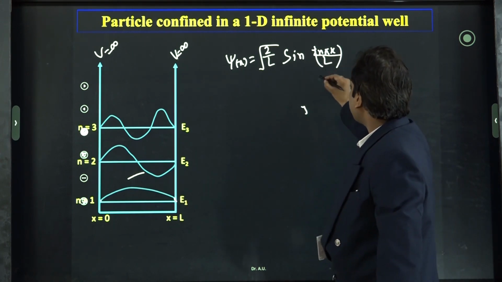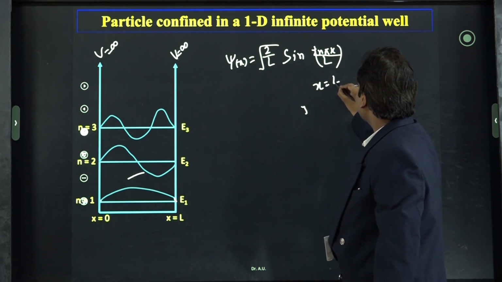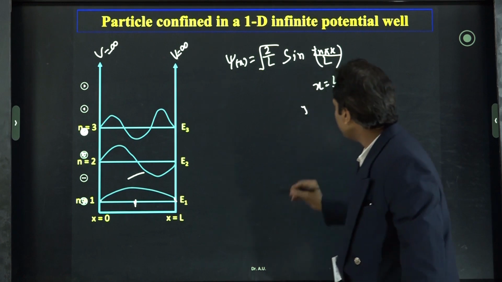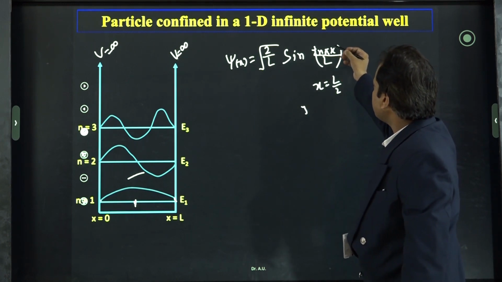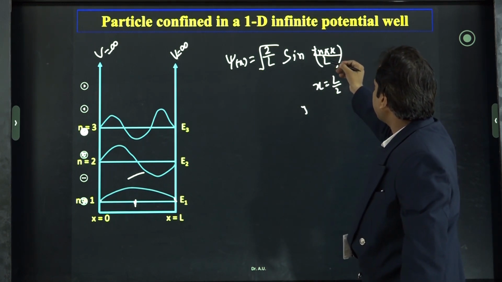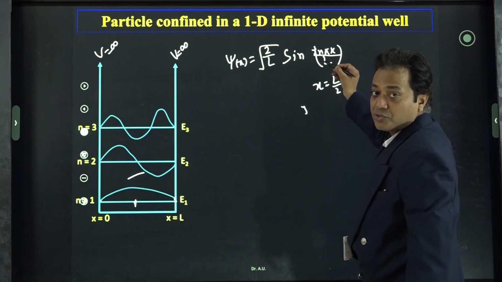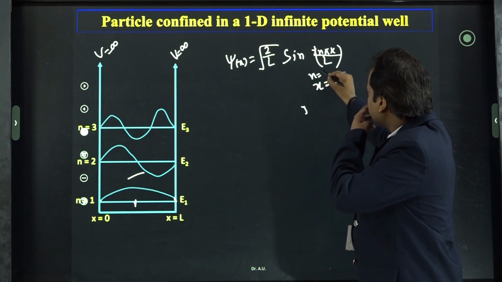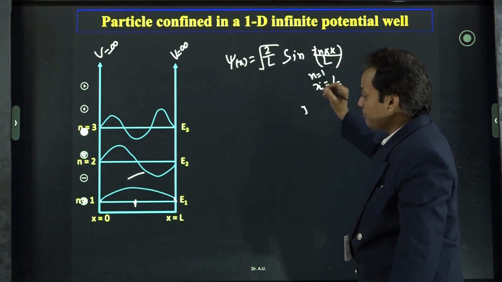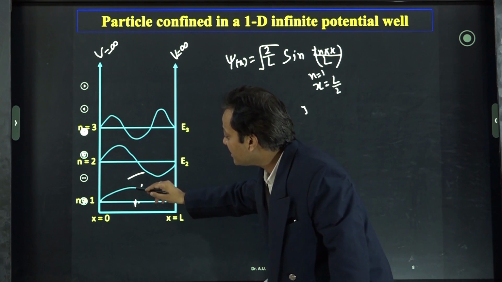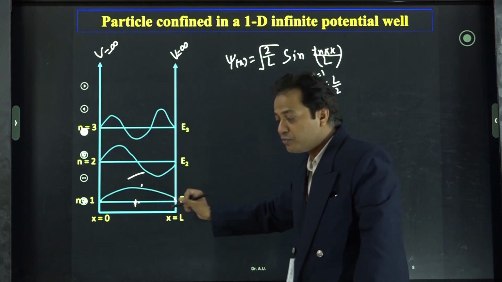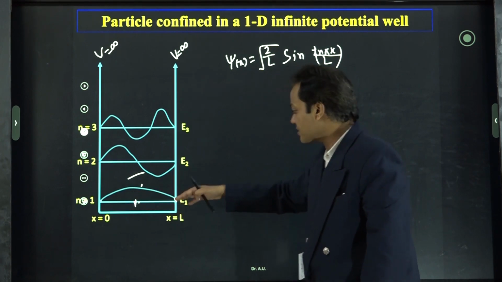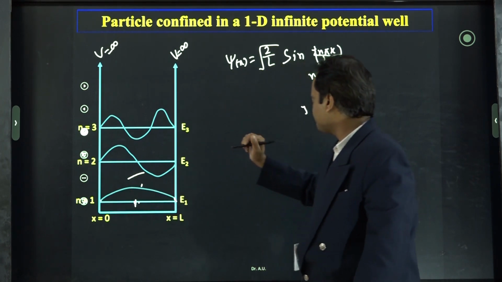If our x value is L by 2, which is this point here, L cancels, so n pi by 2, sine of pi by 2 with n equal to 1. Sine of pi by 2 means we get the maximum. Similarly, we can plot for different values of x. The graph will come like this.